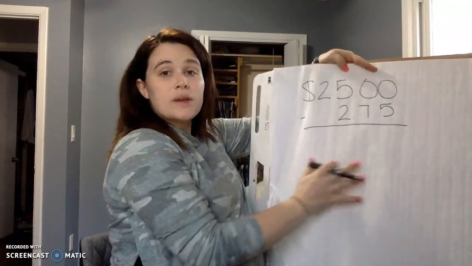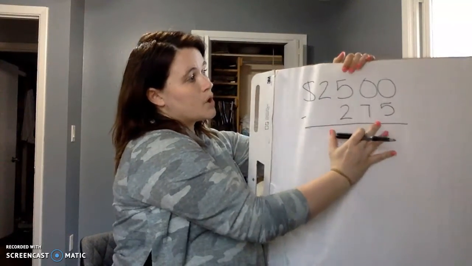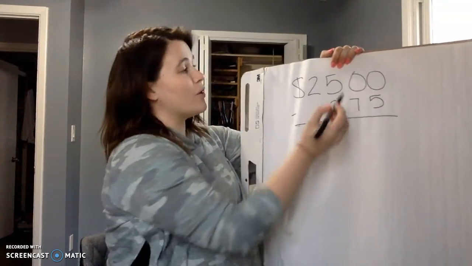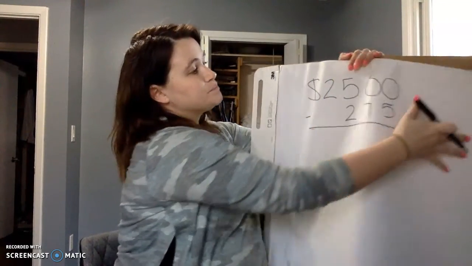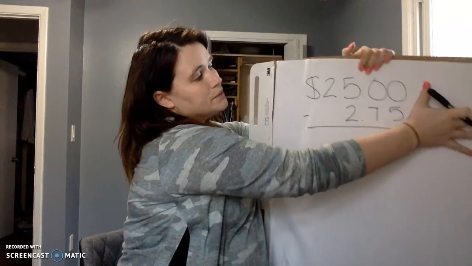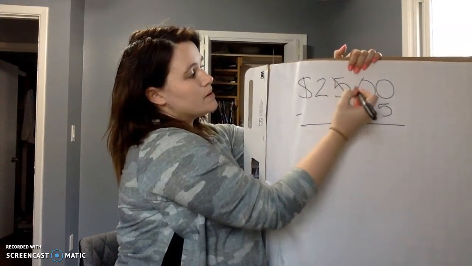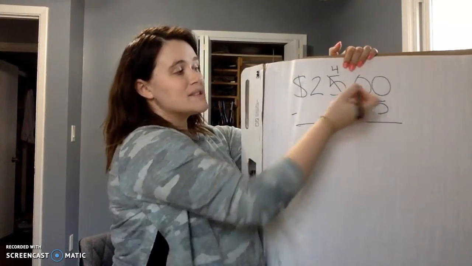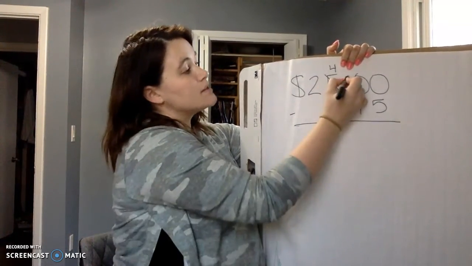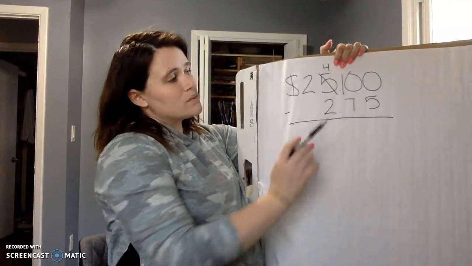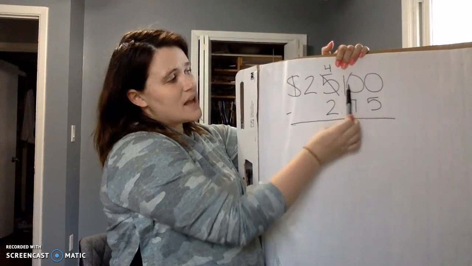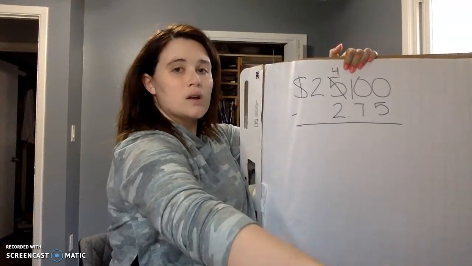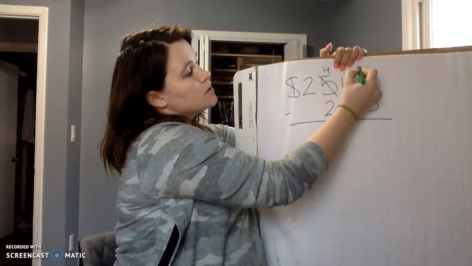Okay, can I take 5 away from 0? No. So I need to borrow. Can I borrow anything from that guy? No. So we need to borrow again. So we're going to borrow from this one. This turns into a 4. Good job. What does that make that? A 10. Now, does this 10 help us over here with this 5 if we're looking at our place values? So watch.